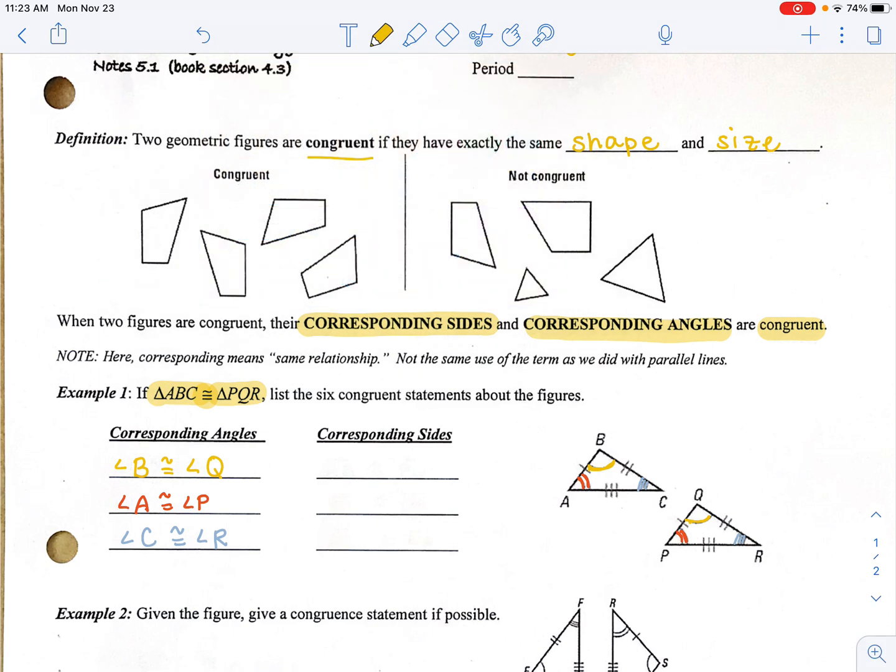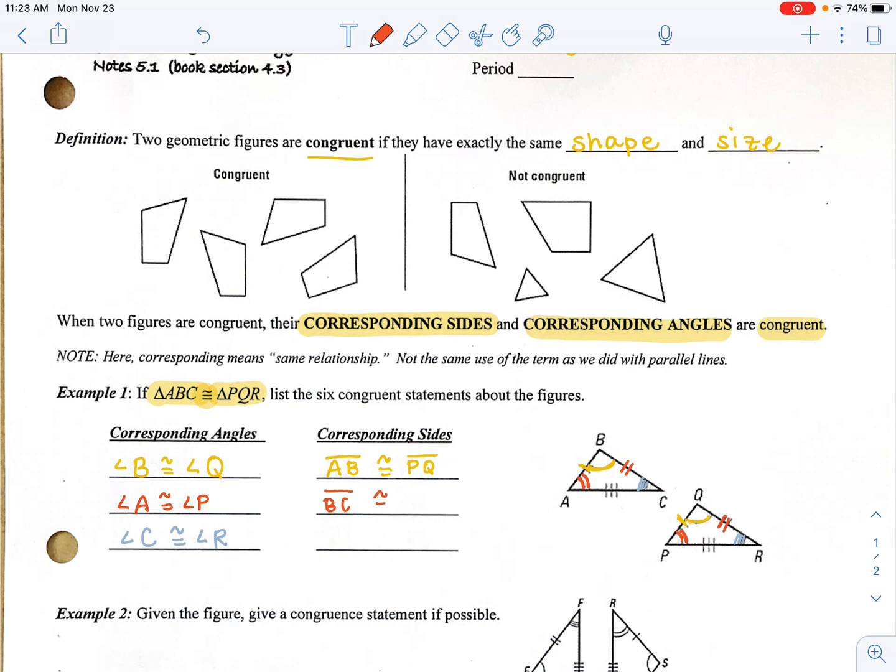Now we're going to list the corresponding sides. Sides are shown with those little tick marks. All right, so I've got side AB has 1 tick mark. The triangle that has the exact same one is side PQ. So I would say side AB is congruent to side PQ. BC has the 2 tick marks and QR has the same 2 tick marks.